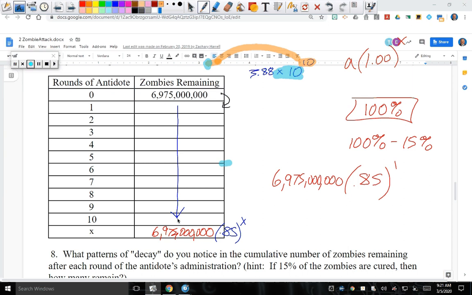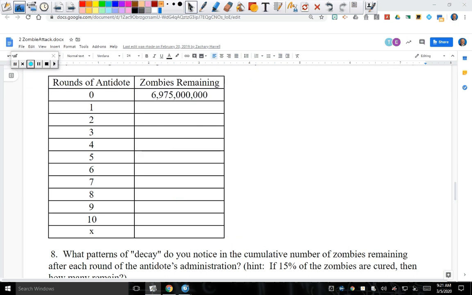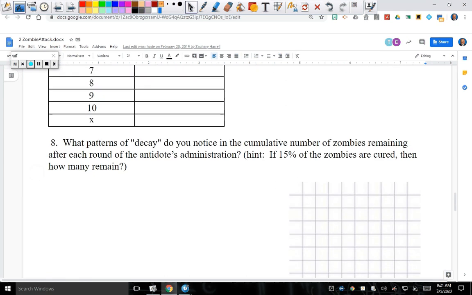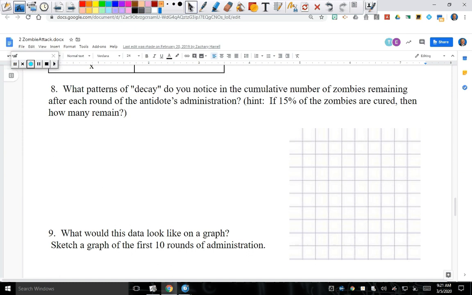All right. So, and what patterns of decay do you notice in the cumulative number of zombies remaining after each round? Is that if 15% of it, how many remain? Basically, what we already did, you're just showing it but in graph form. So you can do a quick sketch. You don't have to get too crazy about it.